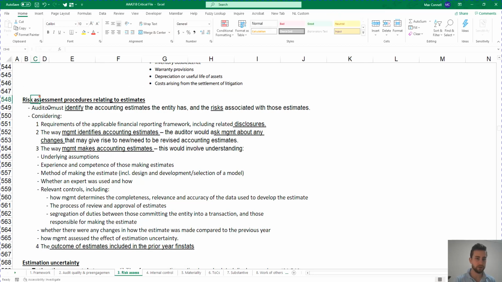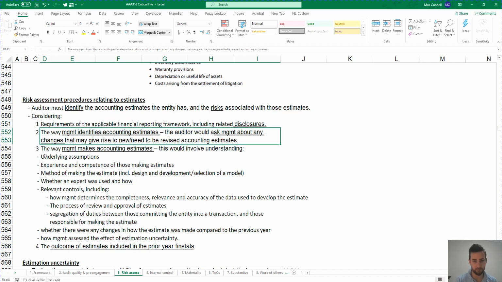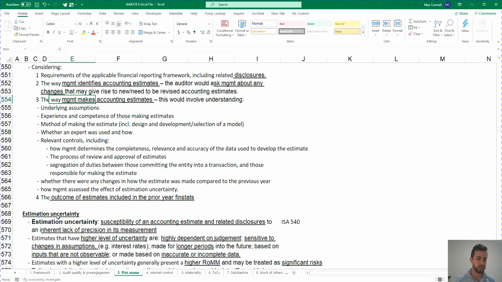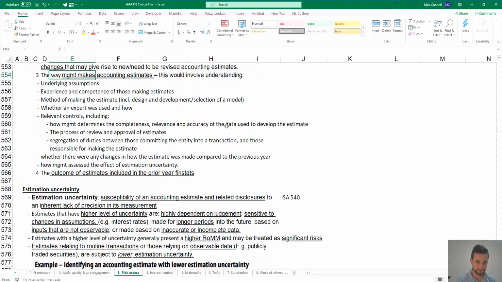So whenever we're dealing with estimates, the auditor must identify the accounting estimates and the risks associated with these estimates, including the related disclosures, the way management identifies accounting estimates, the way management makes accounting estimates, including the underlying assumptions, the experience and competence of those making estimates, the method of making the estimate, whether an expert was used, the relevant controls, whether there were any changes in how the estimate was made compared to the previous year, and so forth.